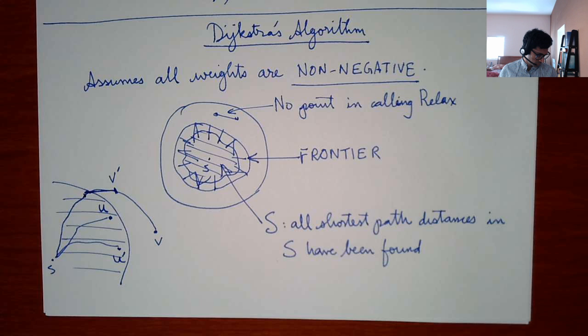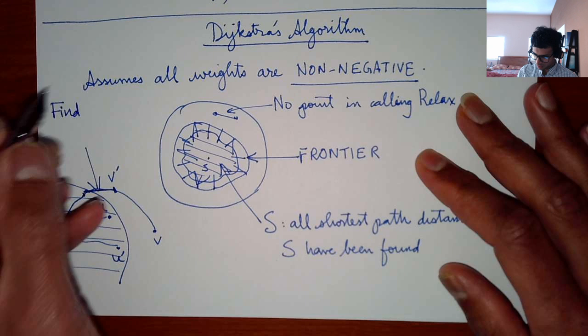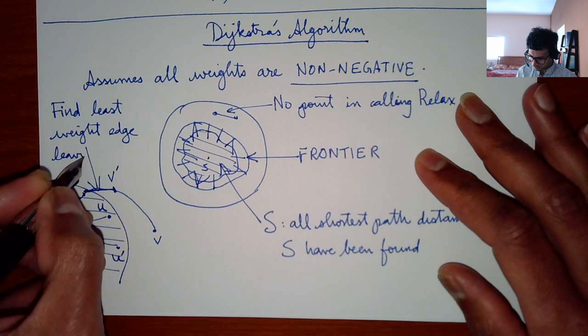So the idea is, and I'll make this more precise, you find the least weight edge leaving S. And the least weight edge is the one to relax. It's not entirely that. It's something close to that.